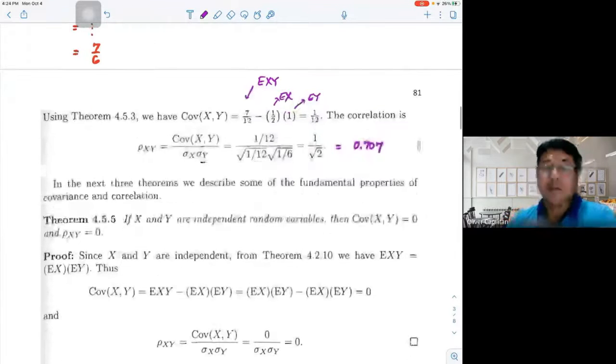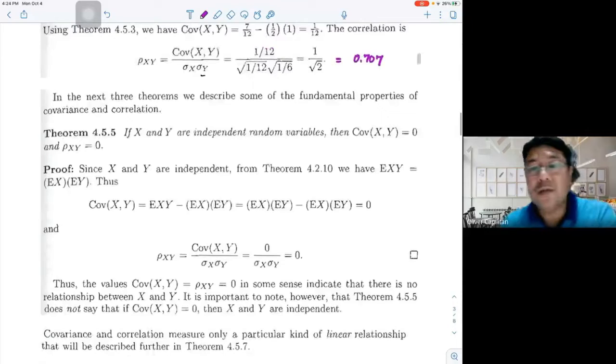I will use that value in the next examples. So this is just an illustration in computing the covariance of x and y as well as the correlation coefficient. Any questions or clarifications? It's easy, right? So let's proceed.